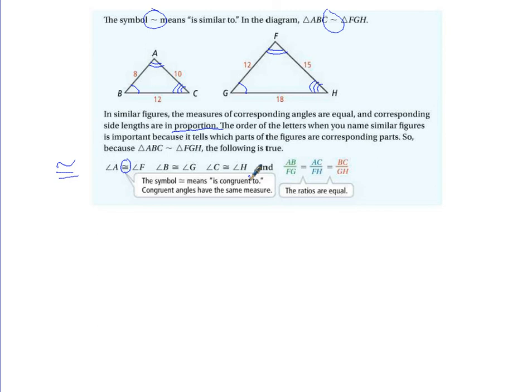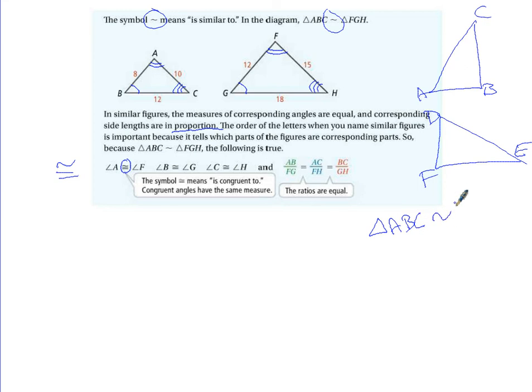The reason you need to know that is because I could give you two triangles. Here's one like this, and then here's another one like this. If I call this one A, B, C, and this one D, E, F, then I would have to say, if these are similar triangles, that triangle ABC is similar to triangle, looks like D, but then F, E. Not just alphabetical order.